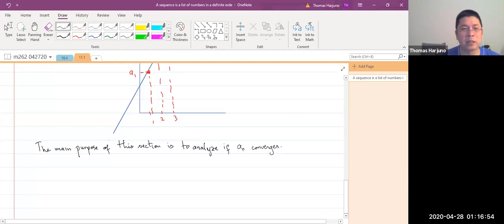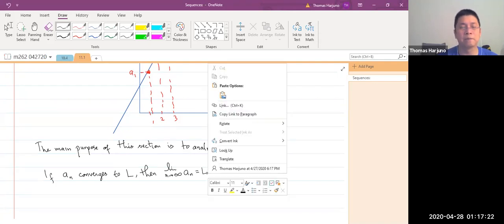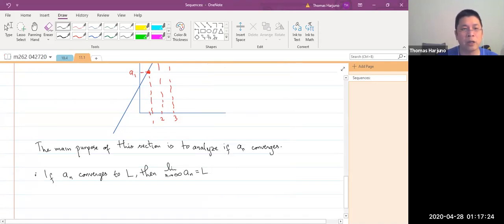Basically, if a sub n converges to, let's say, value L, what does it mean? Then that's basically limit n goes to infinity of a sub n equals L. That's what it means to say that a sub n converges to L.